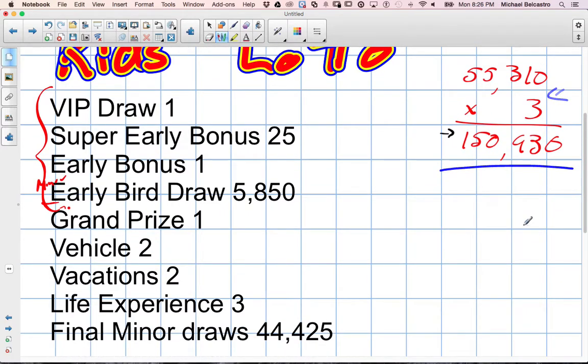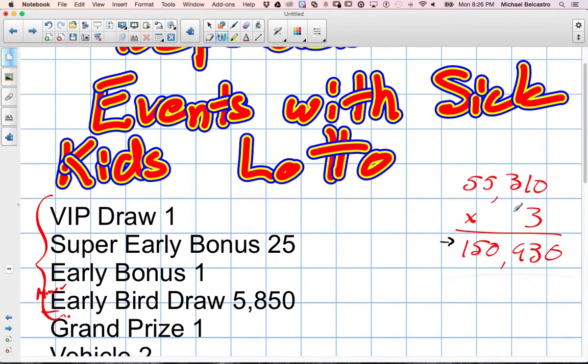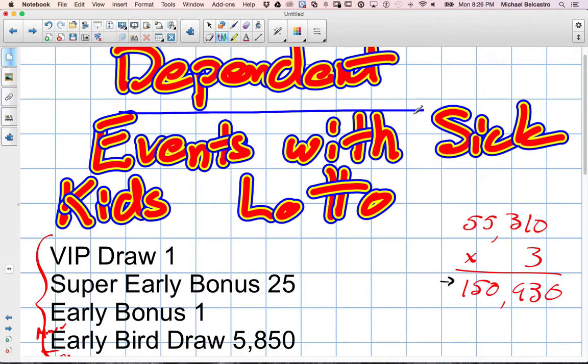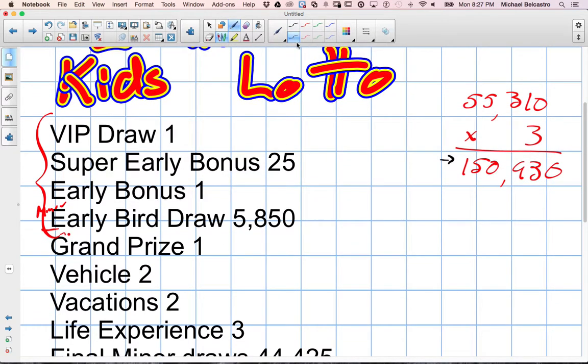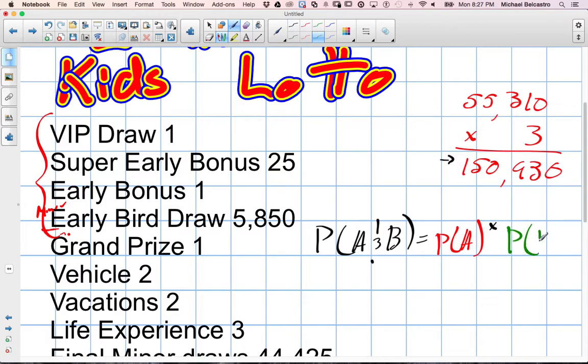So with that being said, let's talk about the idea of dependent events. Dependent events are usually written as: the probability of A and B both happening is equal to the probability of event A times the probability of event B given that A has occurred.